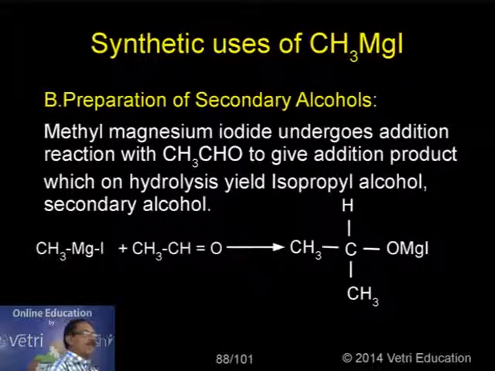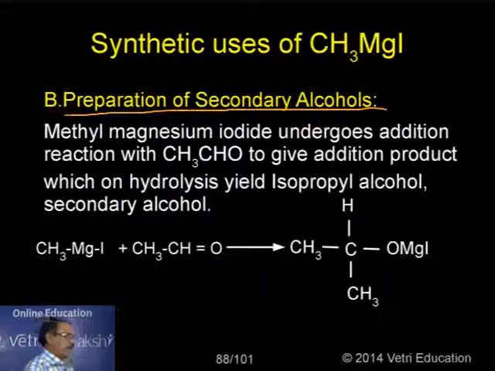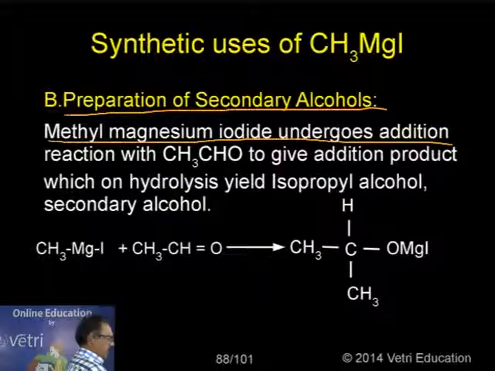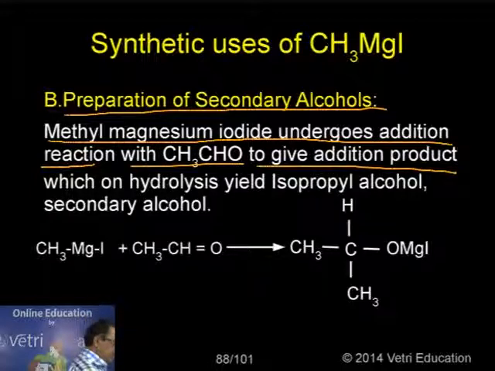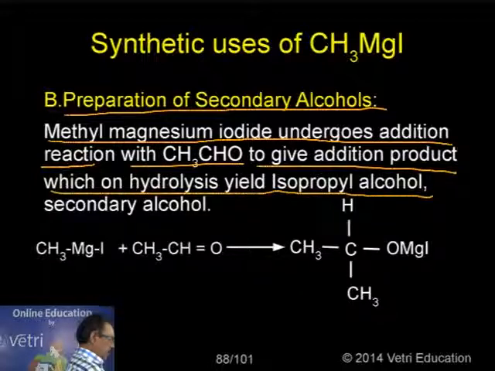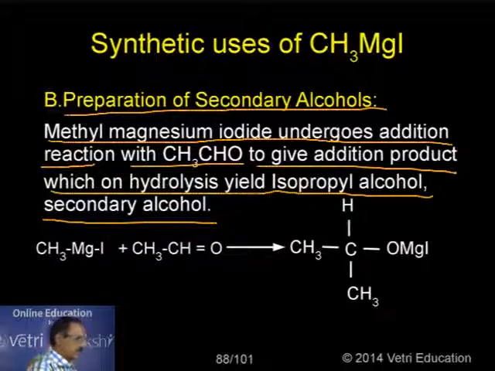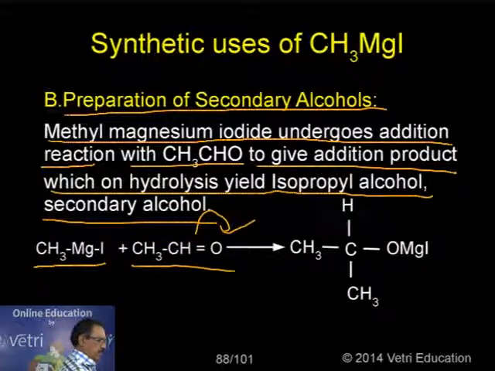Suppose I want to get the secondary alcohol, let me explain how we have to use. I have already pointed out, any aldehyde other than formaldehyde I have to use. Methyl magnesium iodide undergoes addition reaction with acetaldehyde to give an addition product, which on hydrolysis yields isopropyl alcohol, a secondary alcohol in this case. For example, methyl magnesium iodide and acetaldehyde as usual. Now this will be plus, this will be minus, so it can cleave now.